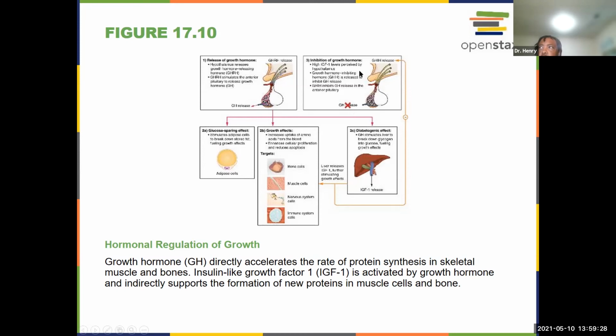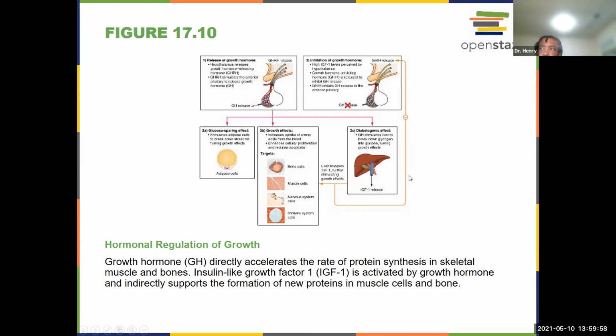Okay, so by us doing this process, us making more glucose, it's going to end up causing the IGF to be released. That IGF is then going to stimulate the growth of these cells more. In addition to that, it's also going to cause the release of the growth hormone inhibiting hormone from the hypothalamus.